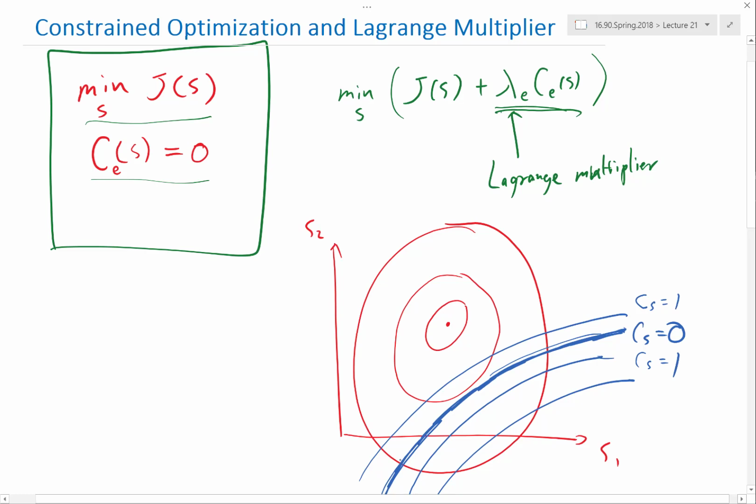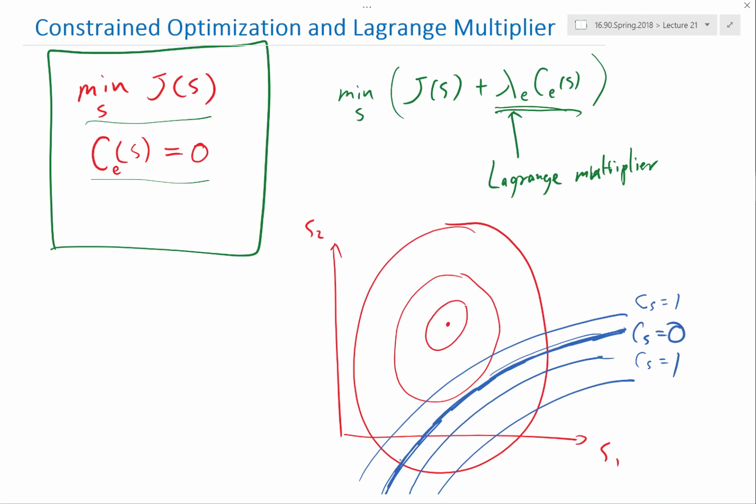Yeah? A point that minimizes the straight line distance between the minimum and the... Okay, so your idea is at the point where the red and blue lines are of the minimum distance?